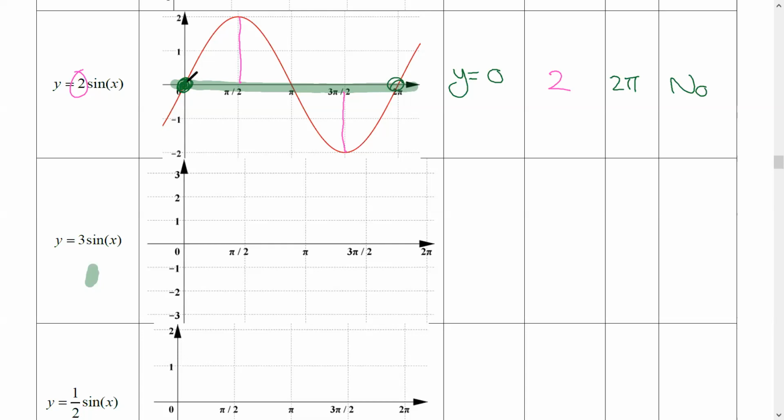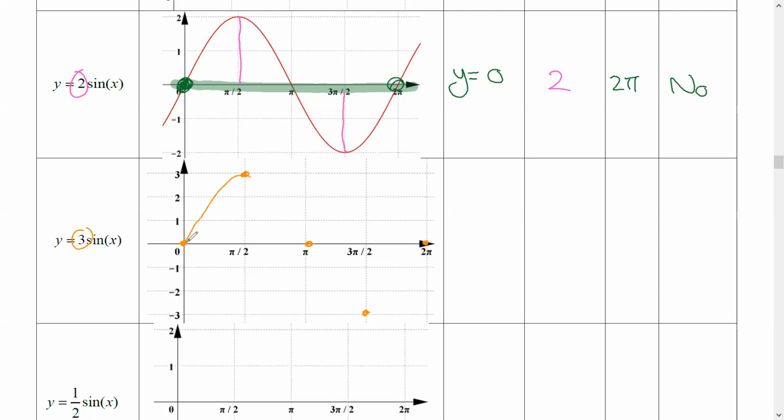All right. Well, I'm hoping what you were able to figure out quickly, right off that first graph, is that whatever this first value is, it's going to be our amplitude. So I'm just going to draw this next one in quickly. What I know then, if that's a 3, that's going to be my amplitude.